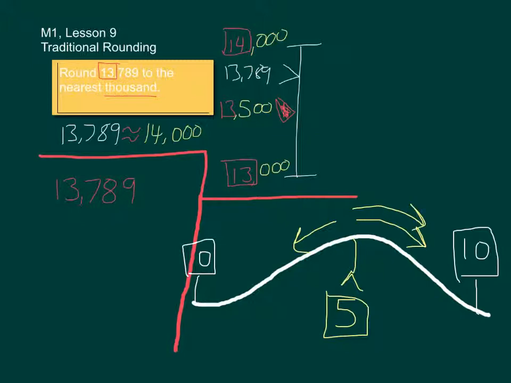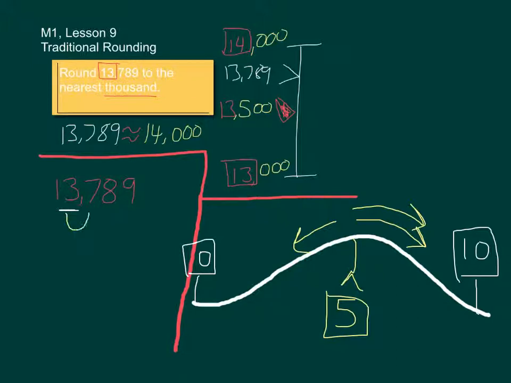So when we look at our number, back over here, 13,789, we want to know, when is it going to start getting so far away from 13,000 that it goes to the next 1,000? So here's what we do. First, you underline the digit in the thousands place, because we're rounding to the thousands place.